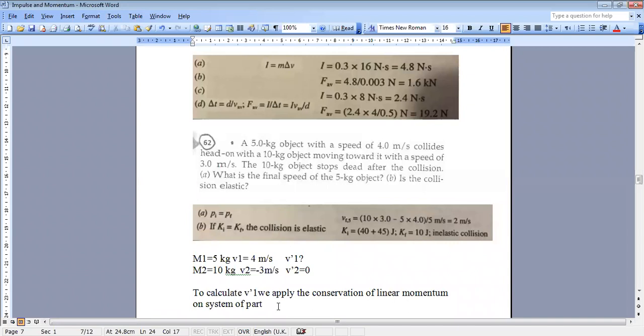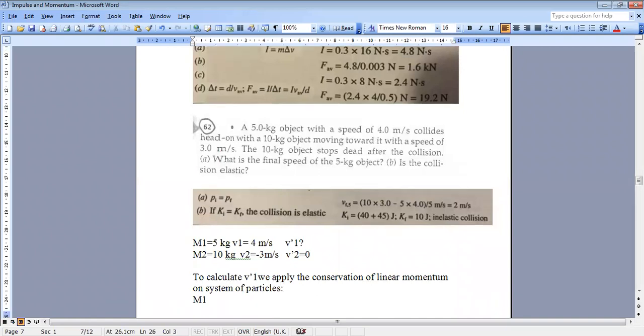We apply the conservation of linear momentum on the system of particles. So we can write that M1 V1 plus M2 V2 equals M1 V prime 1 plus M2 V prime 2.